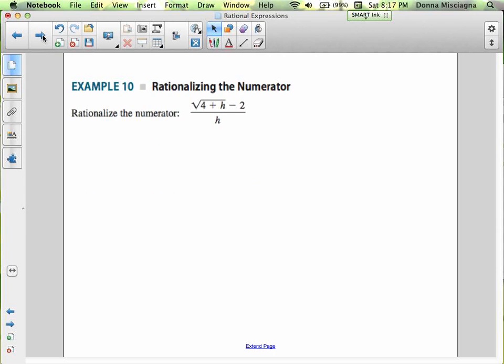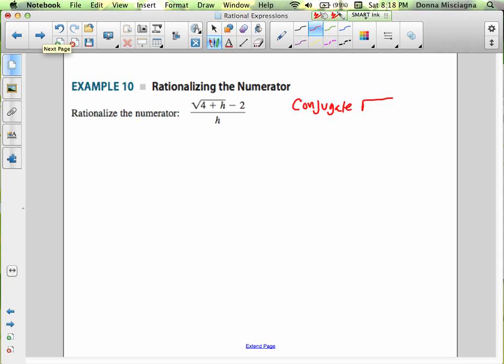Now we're going to rationalize the numerator. There may be times where we want the numerator rationalized, as you'll see later on in calculus. Here our conjugate, we just change the sign on the second term, so it's going to be the square root of 4 plus h plus 2.